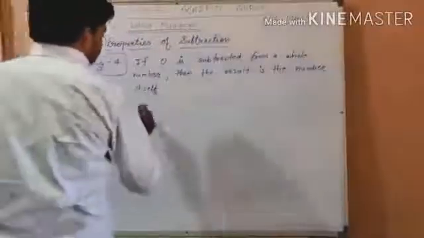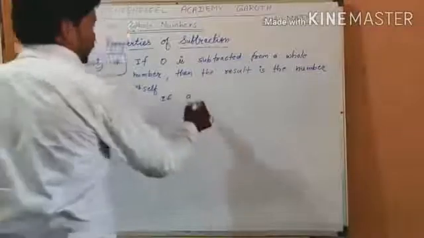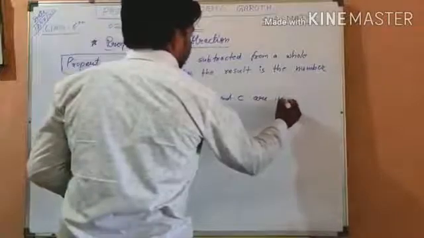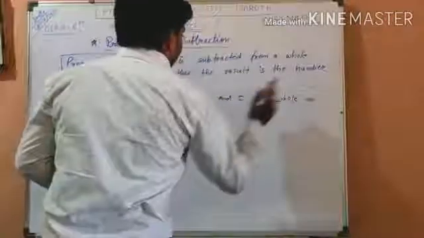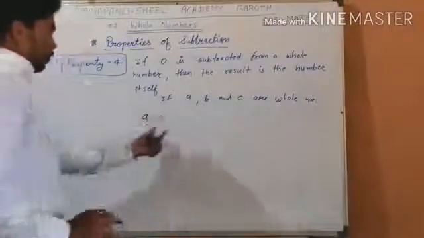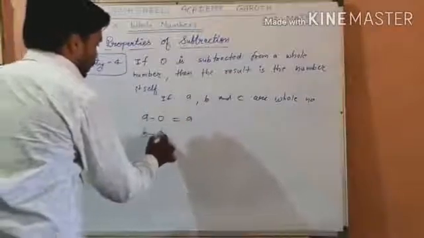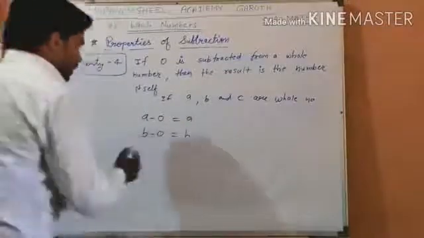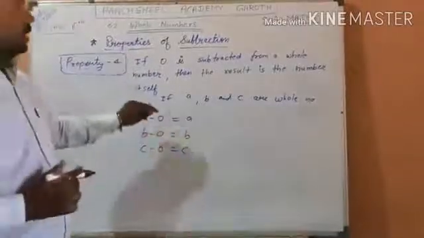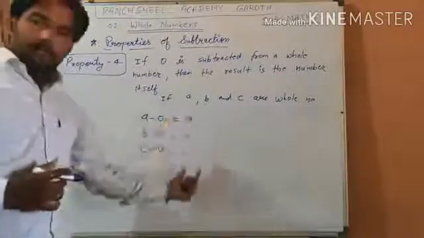If A, B and C are whole numbers, then let's subtract 0 from A, we get A. Subtract 0 from B, we get B. Subtract 0 from C, we get C. Means if 0 is subtracted from a whole number, then we get the number itself.